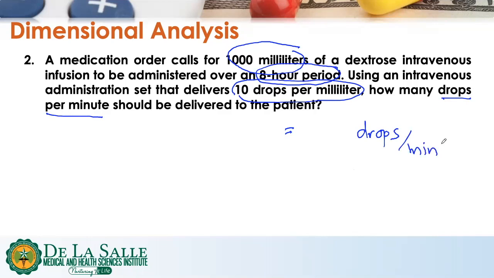In order to line up the quantities in our dimensional analysis, identify the units that are present in the final quantity. We need drops to be in the numerator. So that means we will put drops coming from 10 drops per milliliter in the numerator as well.